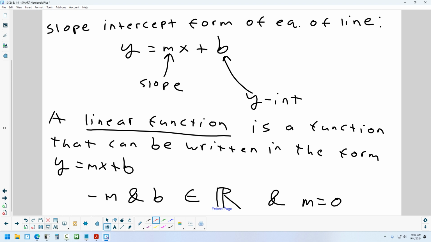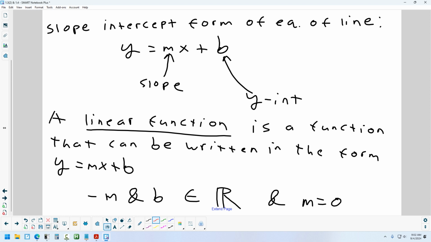Does anybody remember what that capital R means? Yep. It's all real numbers. So this means m and b are elements of the real number system. So that means m and b are real numbers. And the only other condition on m is it can't be equal to 0, according to the definition of a linear function in our book.